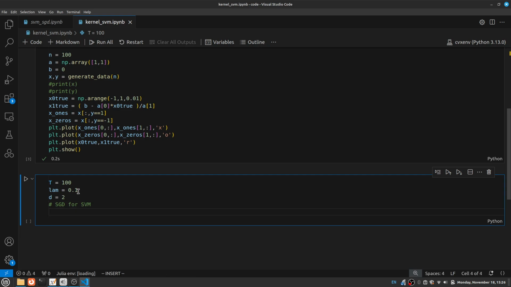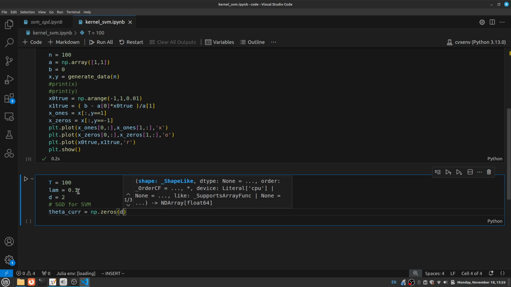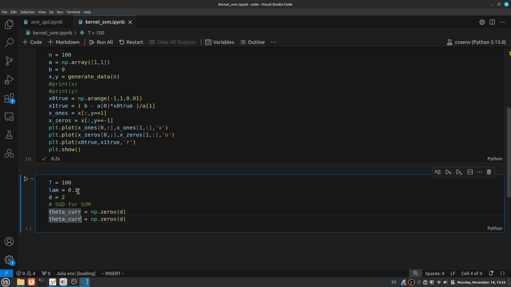So what do I need to do? I need to initialize the vector current, and I need to store the a_t's for every time step t.